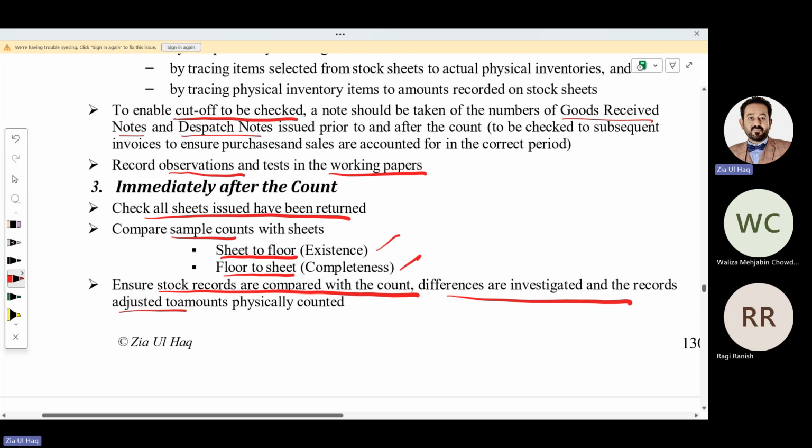And floor to sheet means count any of the units on the warehouse floor and then see whether the similar units have been written by the staff on the sheets after counting or not. This is for completeness of recording. And we need to make sure whether PIR has been adjusted against count sheets or not.